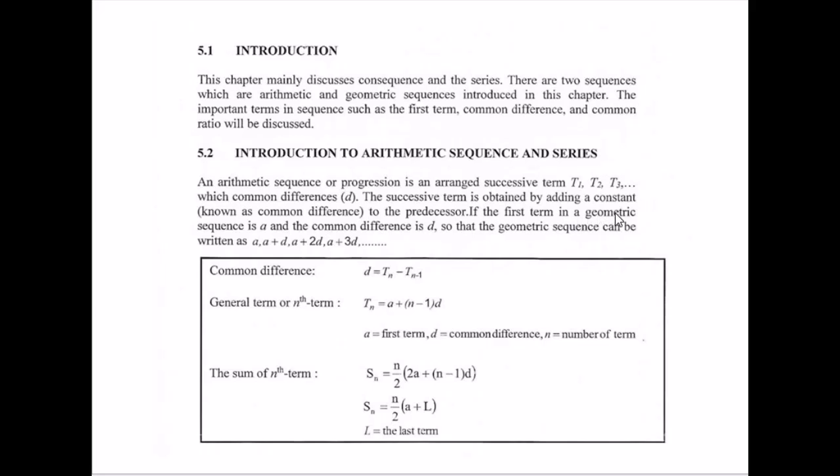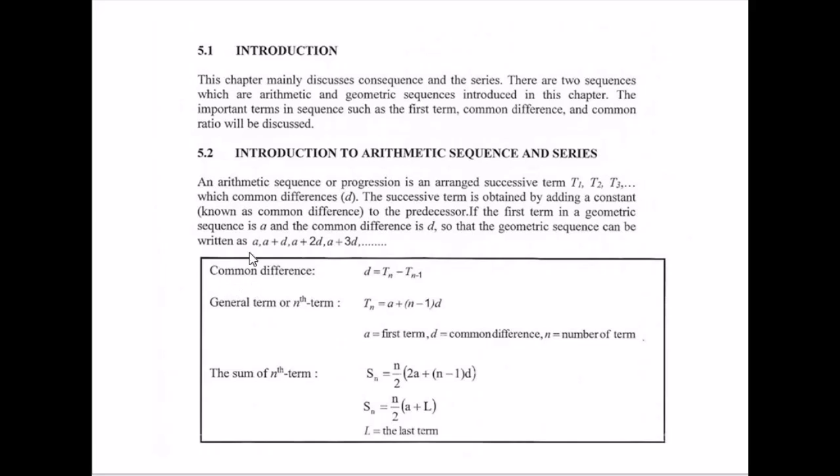If the first term in an arithmetic sequence is A and the common difference is D, then the sequence can be written as A as first term, A plus D as second term, A plus 2D as third term, A plus 3D as fourth term, and so on.